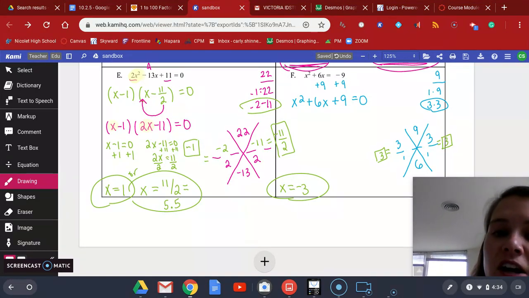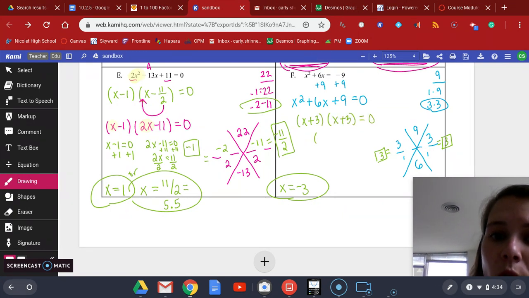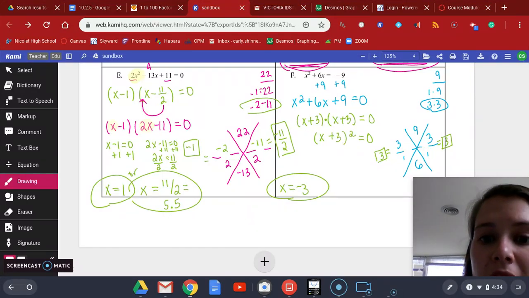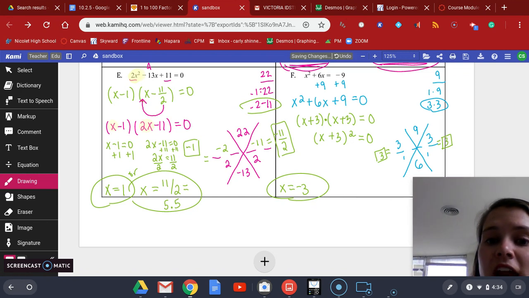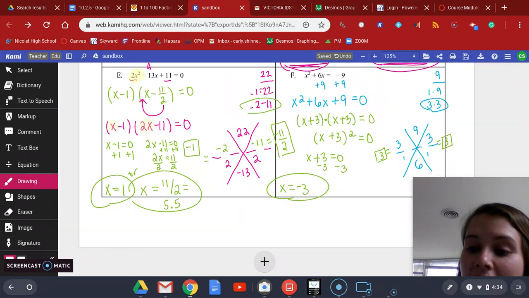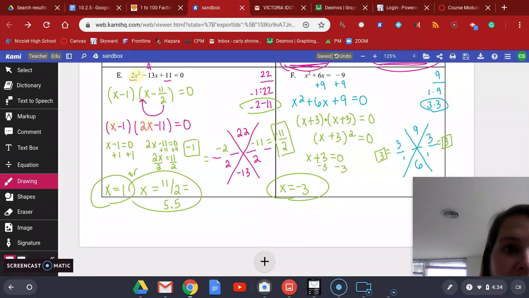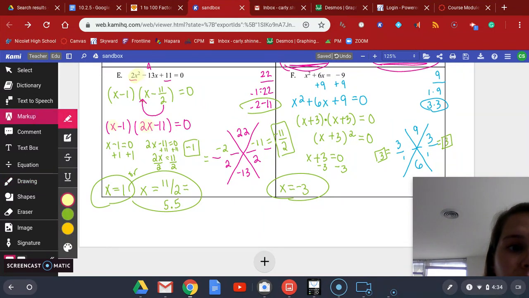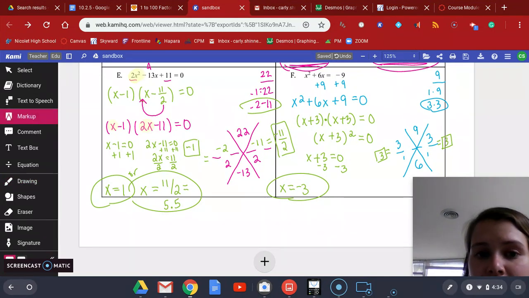But let's factor this, okay, guys? So x plus 3 times x plus 3 equals 0. We also could write this as x plus 3 squared, since it's just multiplied twice. And then if I set that factor equal to 0, I see that my answer is x equals negative 3, okay? So that would be my final answer there.